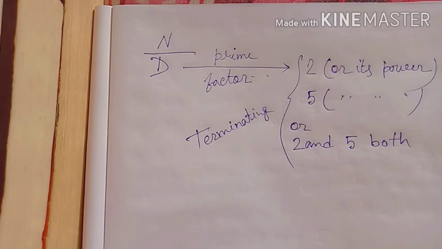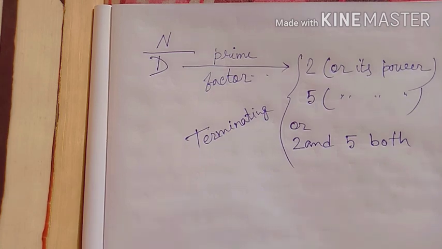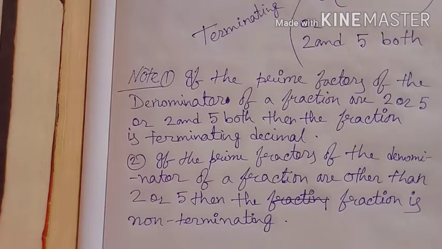But if the denominator of a rational number contains any other prime factor other than 2 and 5, then we can say that this rational number is a non-terminating decimal. Let's see it by notes.